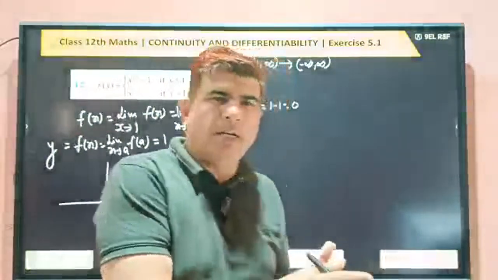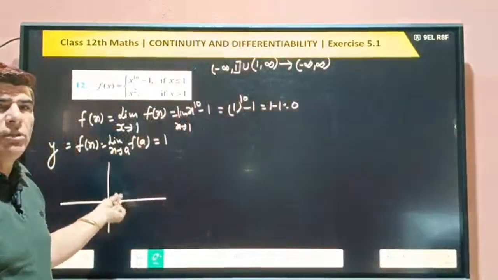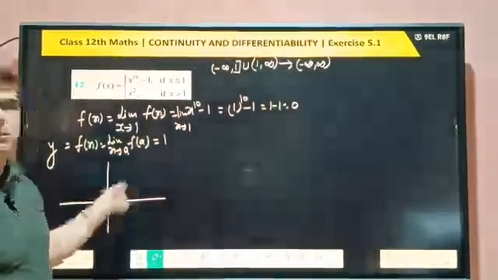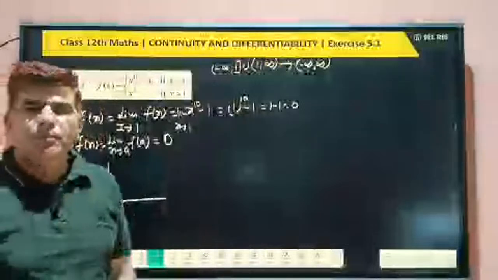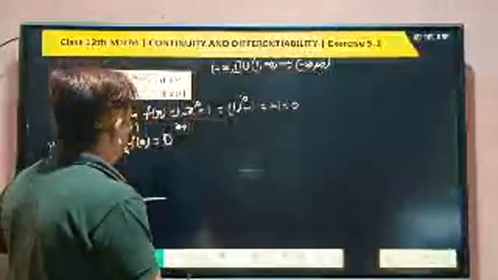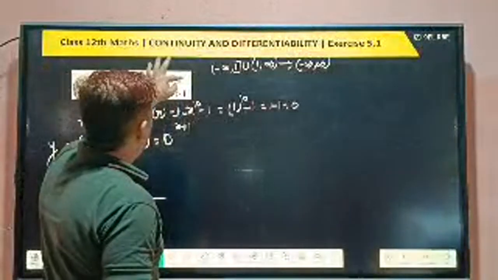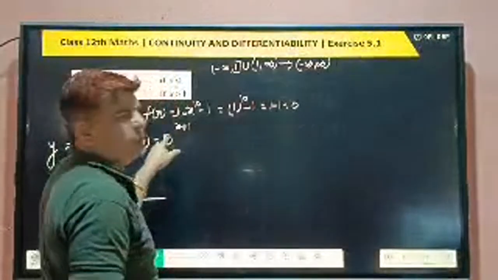If the left hand side and right hand side and the value at this point x equal to 1 are equal, then what's coming? f(a) is 0. If all are equal, the function is continuous, otherwise not continuous. So here, we will check. Definitely this is equal to this.